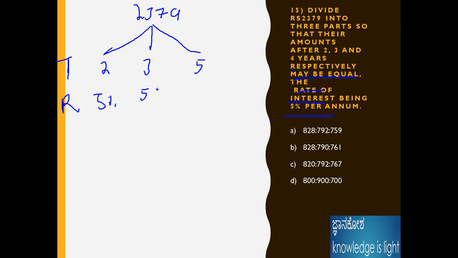I already told you the formula initially. If the rate of interest is the same, use this: 1 over 100 plus T1 R, is to 1 over 100 plus T2 R, up to infinity. Okay, apply this logic. 1 divided by 100 plus TR.